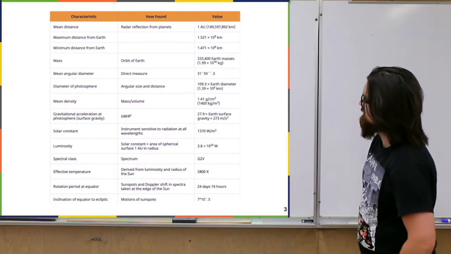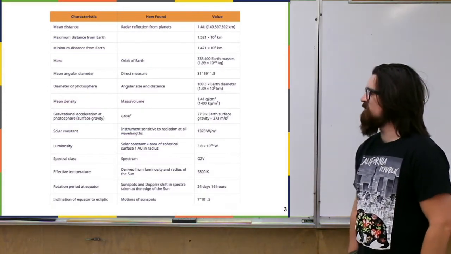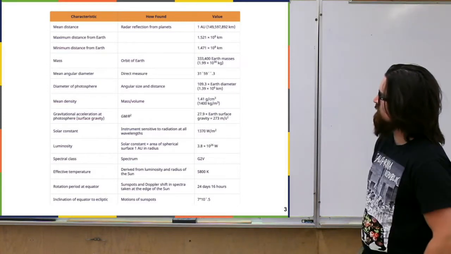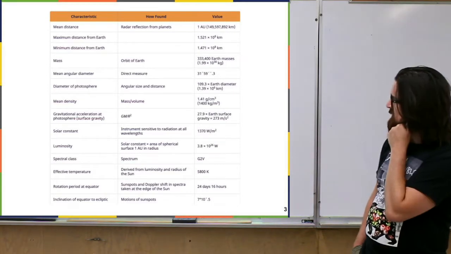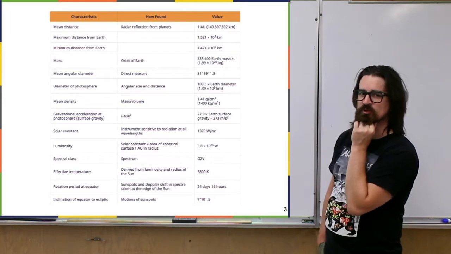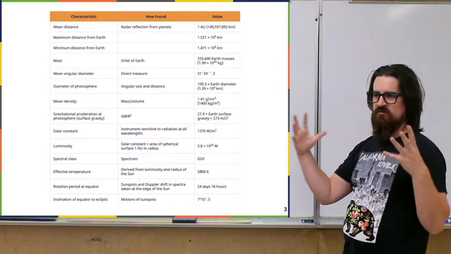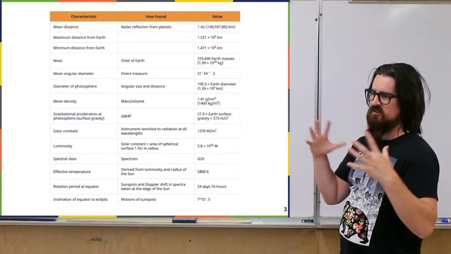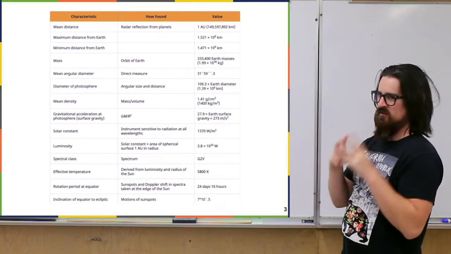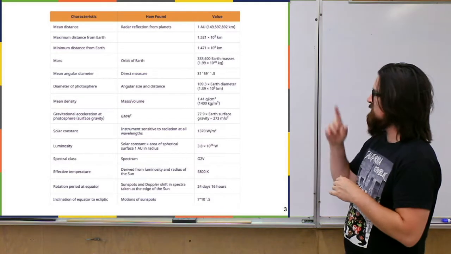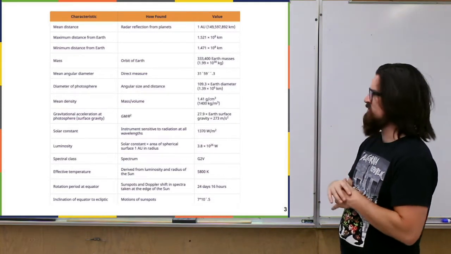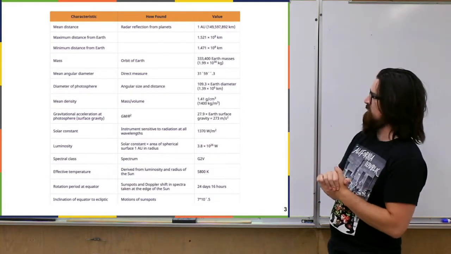Its mass is over 300,000 times the mass of the Earth. Very, very massive. The diameter of the photosphere, so that layer of the sun, which I mentioned is sort of the visible layer of the sun that we see most often when we look, at least in visible light, is about 100 Earth diameters, maybe closer to 110 Earth diameters.